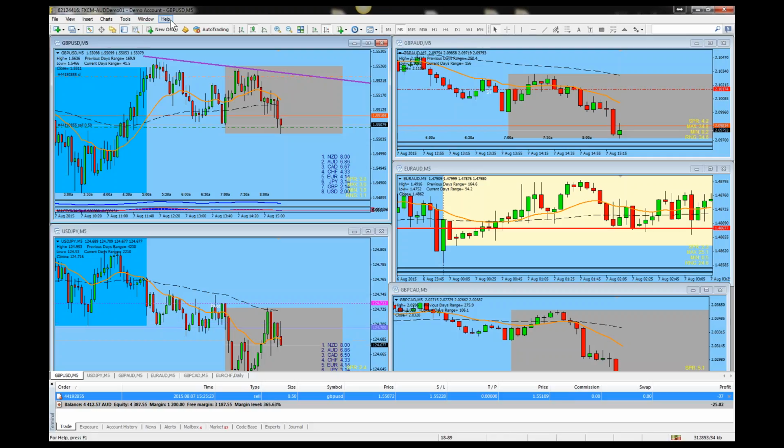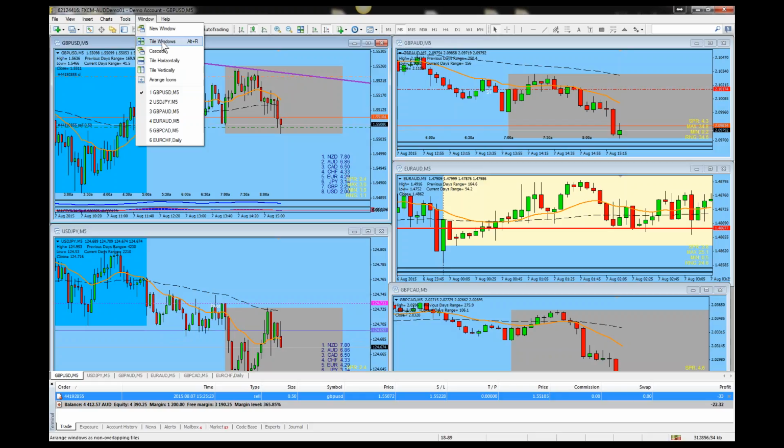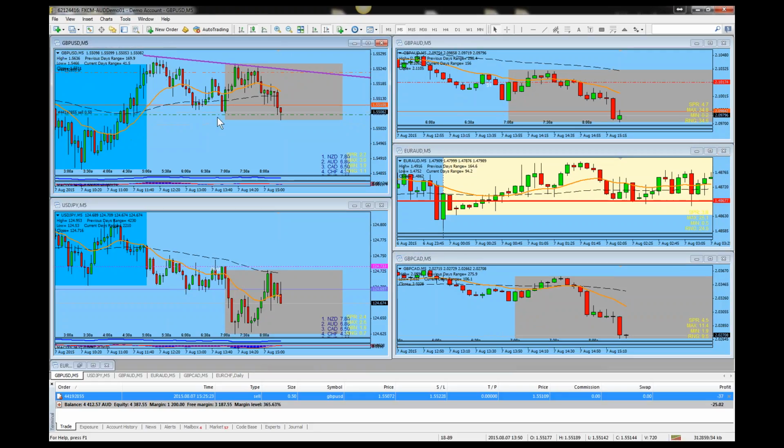Let me fix this. Window. And I don't see a good area here for a straddle. The charts are not conducive at the moment.